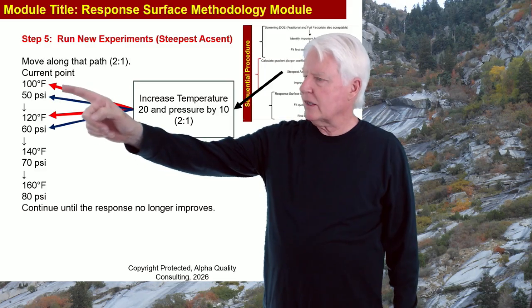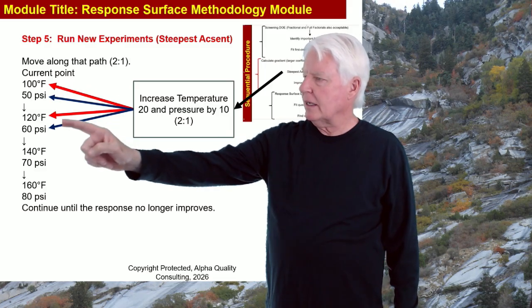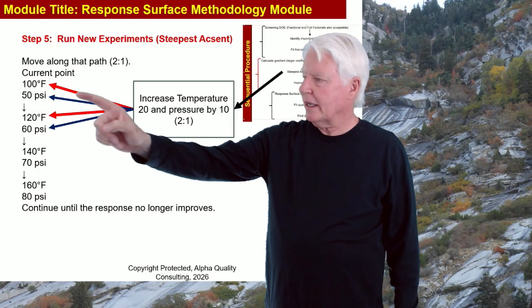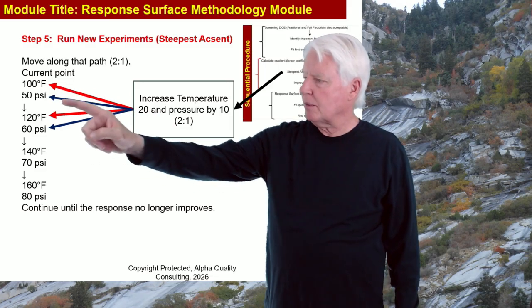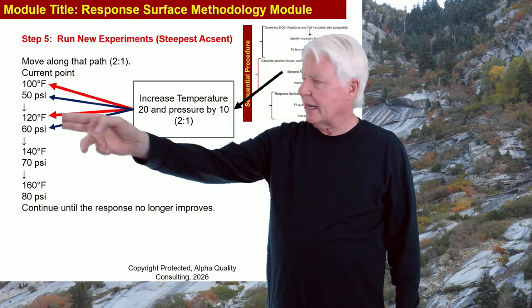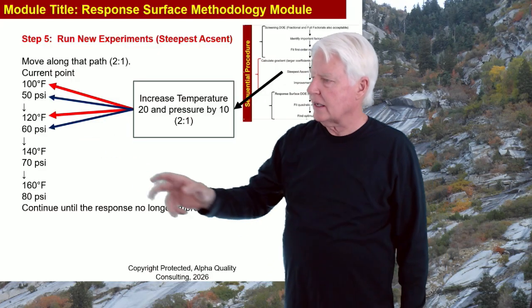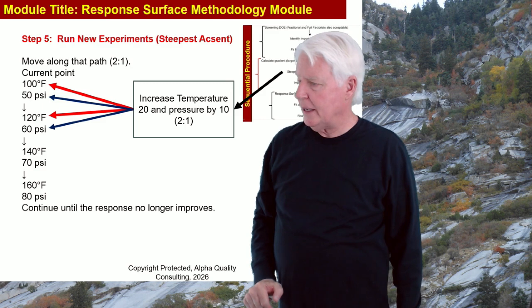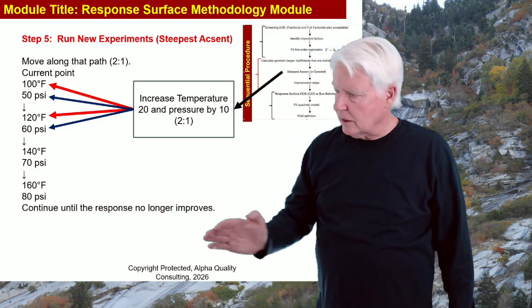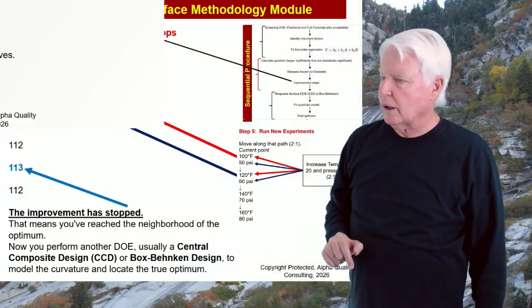Then I'm going to increase temperature by 20 degrees, 120 degrees, and I'm going to increase pressure by 10. So then I test at 120 and 60, 140 and 70, 160 and 80 PSI. Continue until the response no longer improves.